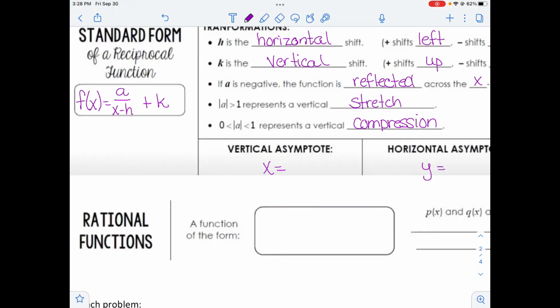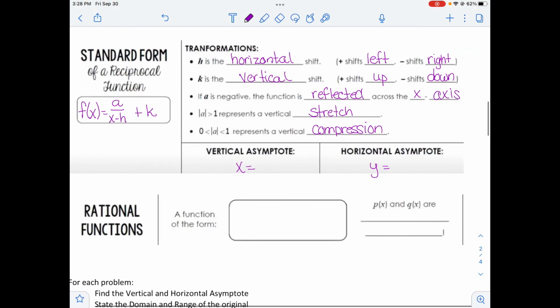So when we look here, the H has to do with the horizontal shift. This moves things left and right. Remember, if we put a positive in there, when it looks positive, like 3 over x plus 2, we actually put in a negative.